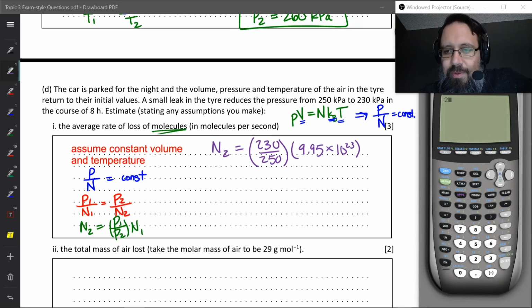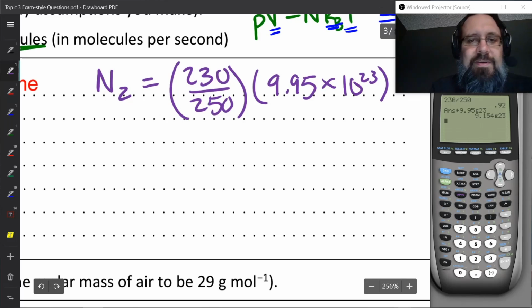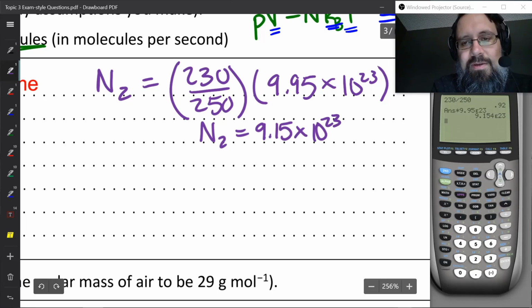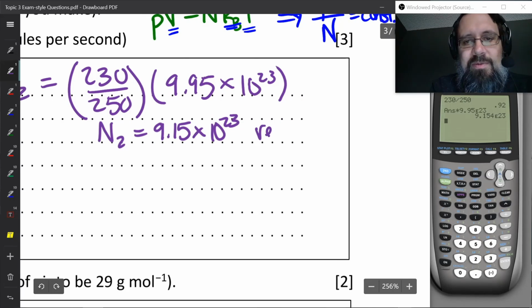So 230 divided by 250 means 92% of the particles remain. I'm going to multiply that by 9.95 times 10 to the 23rd. So the number of particles that remain is 9.15 times 10 to the 23rd. And I'm going to put a reminder to myself that this is the amount that remains.